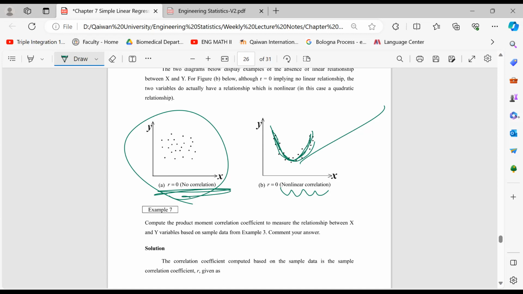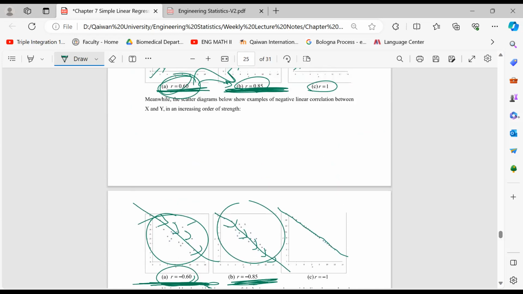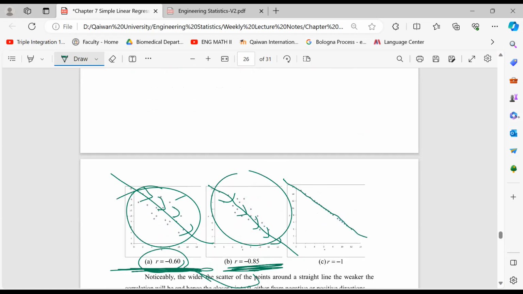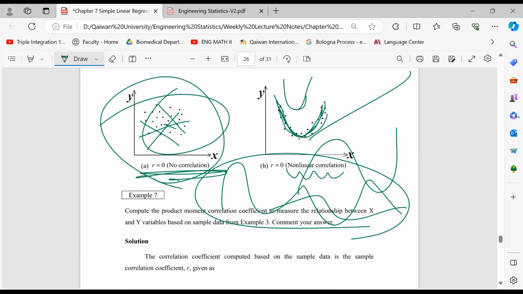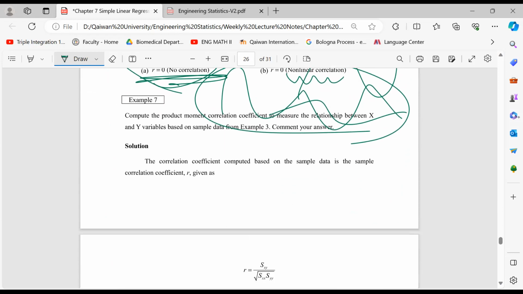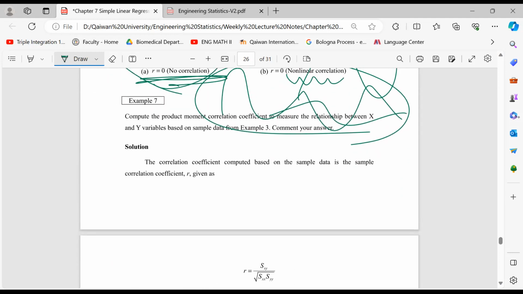If we couldn't draw the line or know where to go, it's no correlation. If the line is straight in any direction, we don't care about the direction, we say it is a linear correlation. But if it's a curve like this, or like this, these are non-linear correlation.